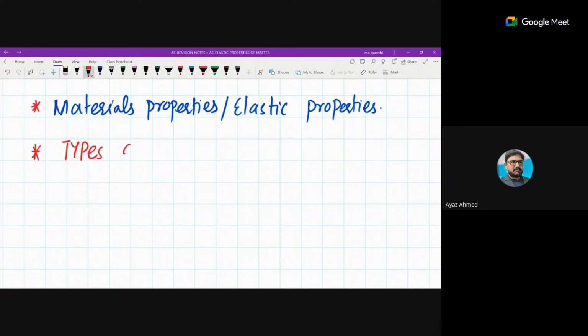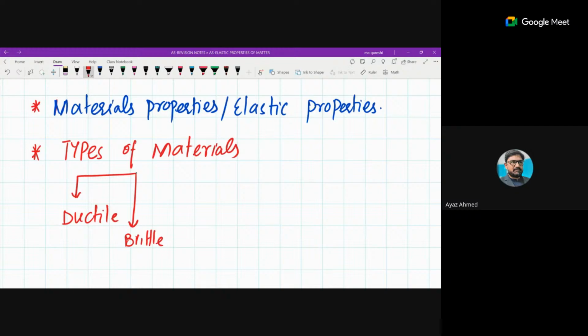We classify the materials into three types: one is ductile, the second is brittle, and the third is polymers. These are the three types of materials we have to discuss in our syllabus.